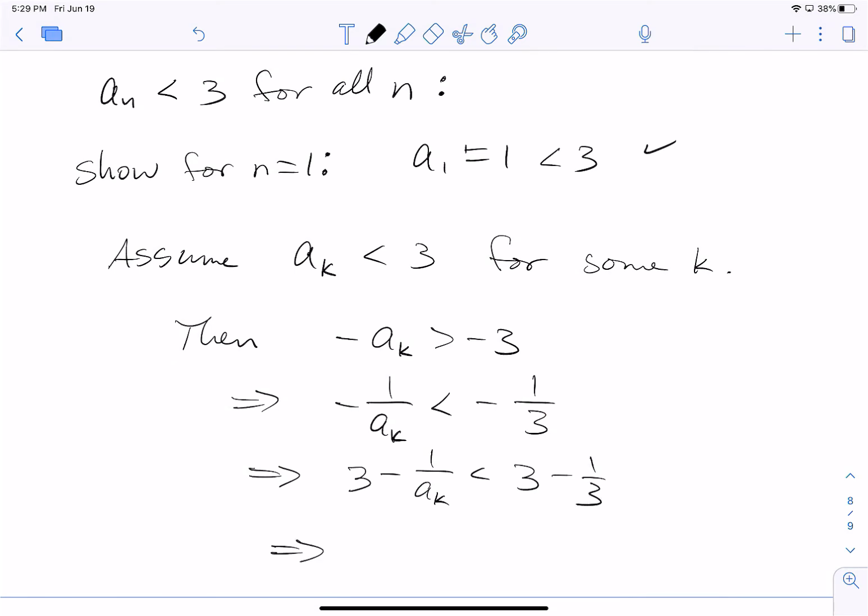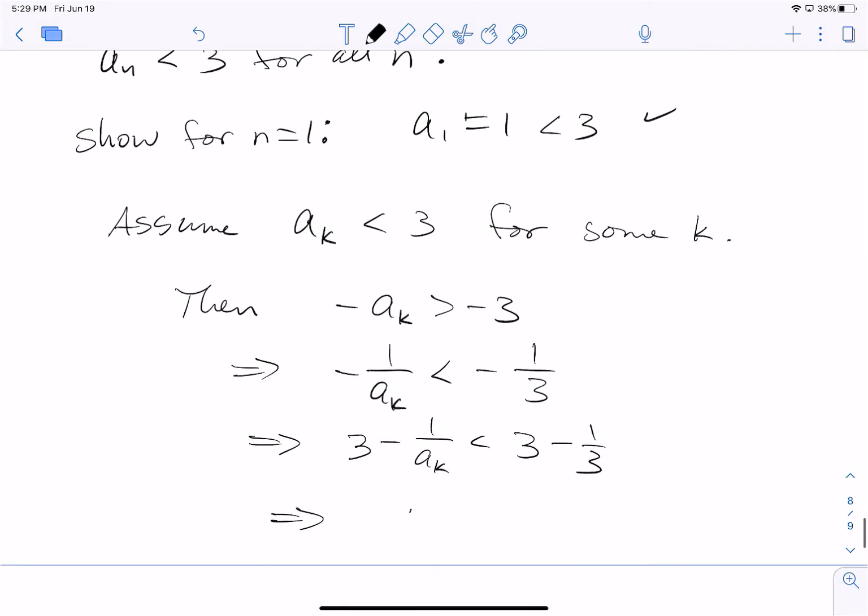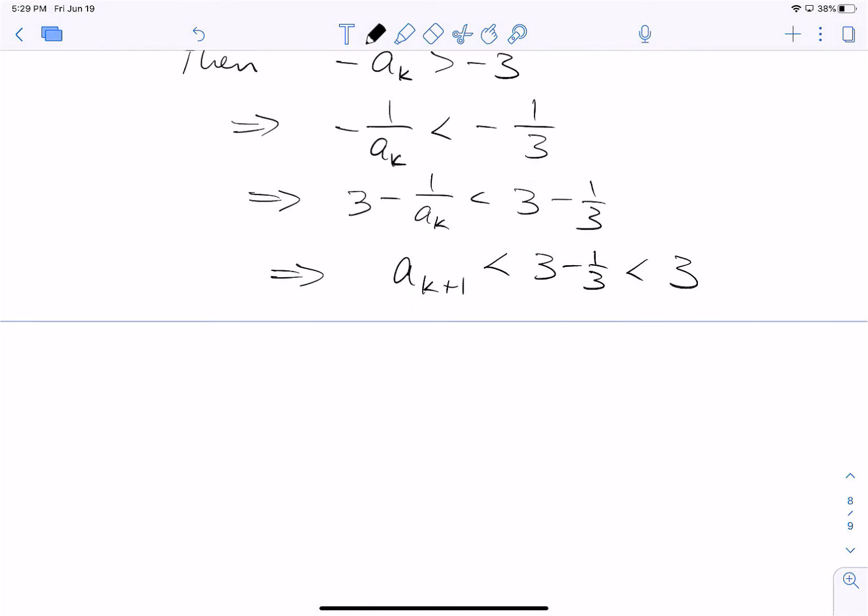But 3 minus 1 over a sub k is another name for a sub k plus 1, and now we have that a sub k plus 1 is less than 3 minus a third. We could do the arithmetic, but the point is it's less than 3, and that's what we wanted to show. Put a little check mark, but I need to write a sentence. So a sub n is less than 3 for all n.